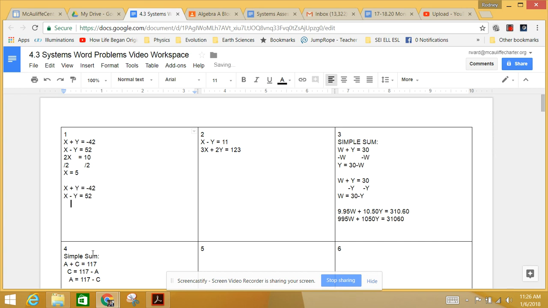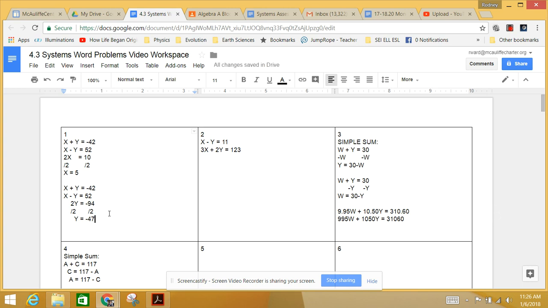The x's go away when I subtract, and I get 2y equals negative 42 minus 52, so that's negative 94, and I'll divide both sides by 2, and y will equal negative 47, since 94 divided by 2 is 47.